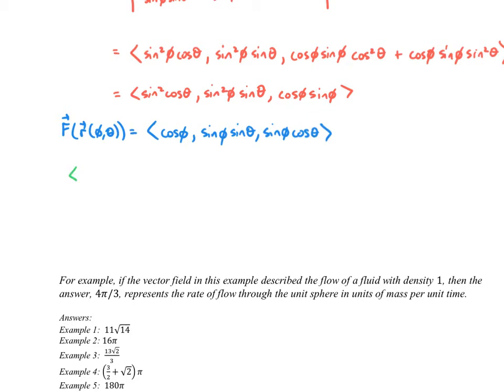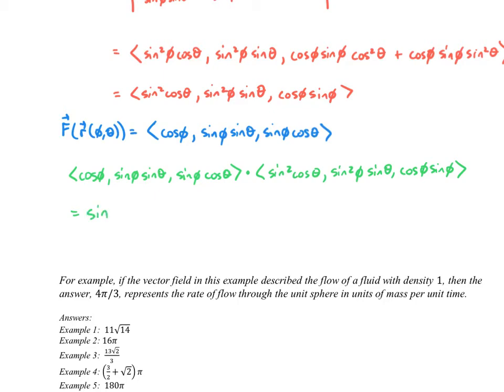If we take the vector for F that we just developed, and do the dot product here, what we get is, oh, and I noticed that I just missed an exponent here.